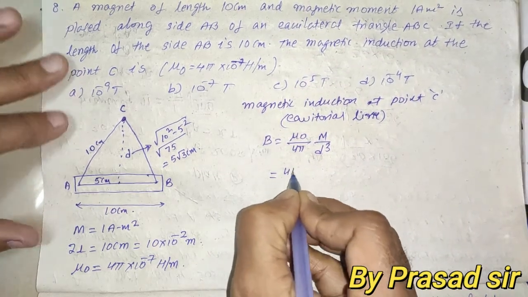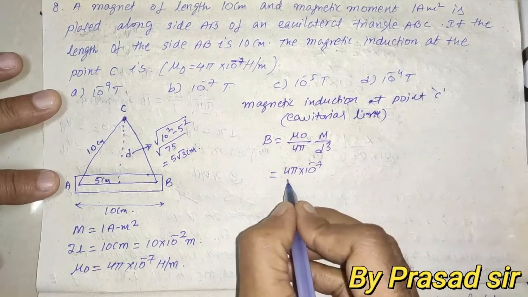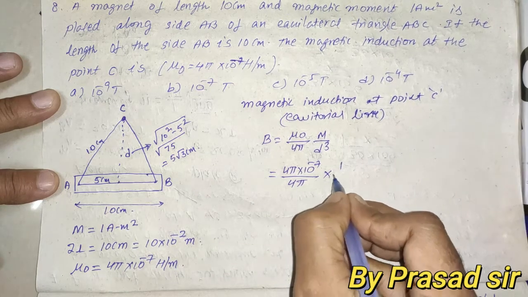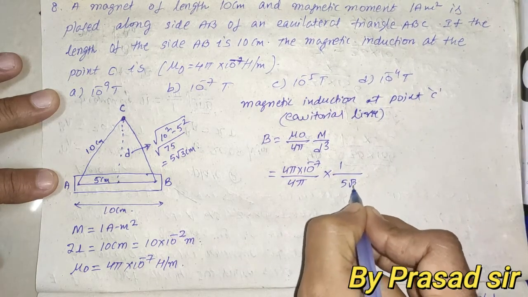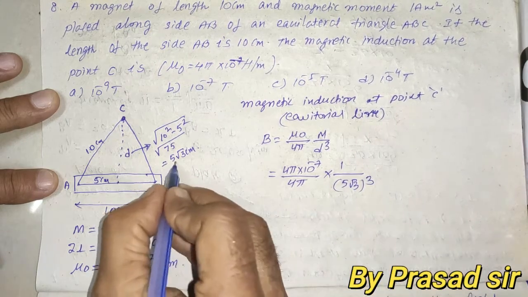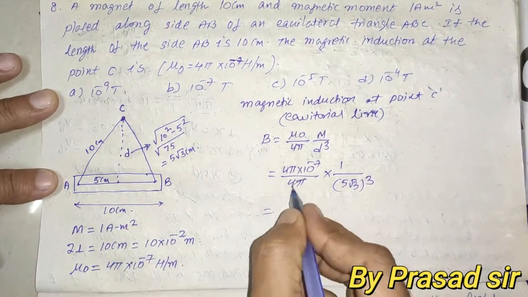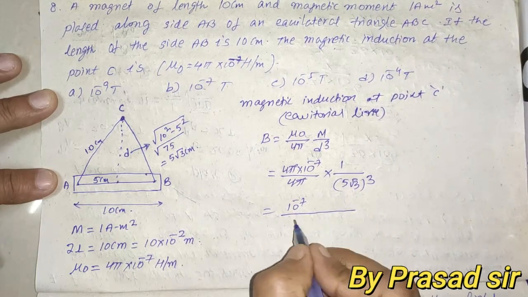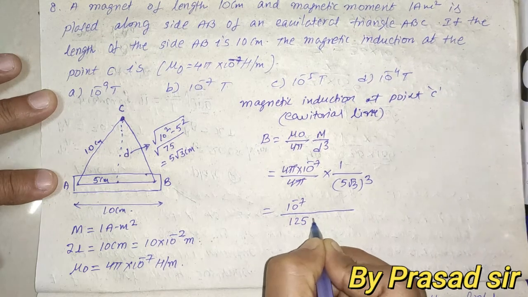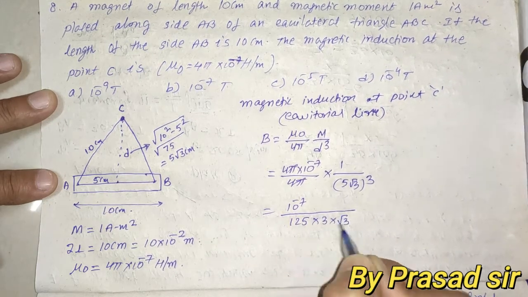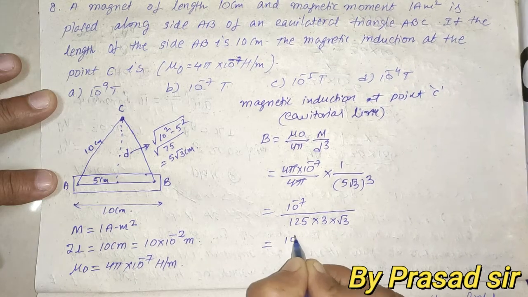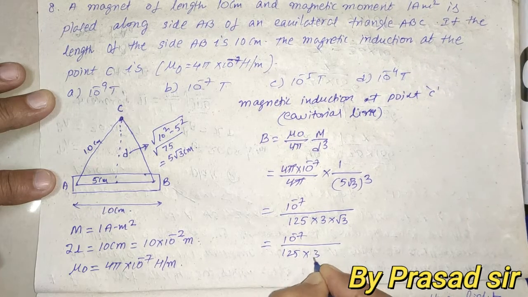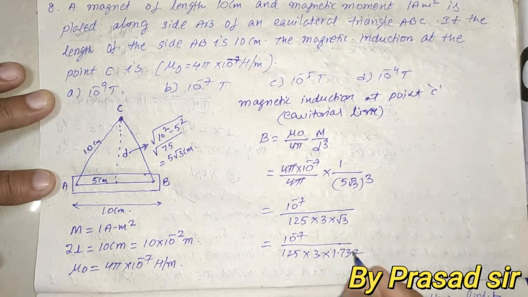So here 4 pi into 10 to the power of minus 7 divided by 4 pi, capital M that is nothing but 1, distance that is 5 root 3 whole cube, is equal to 4 pi cancel, 10 to the power of minus 7 divided by 5 cube is nothing but 125 into 3 into root 3, is equal to 10 to the power of minus 7 divided by 125 into 3 into 1.732.